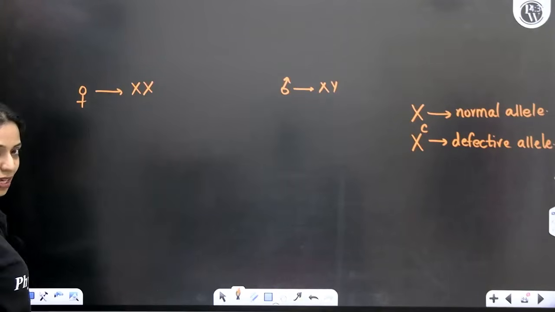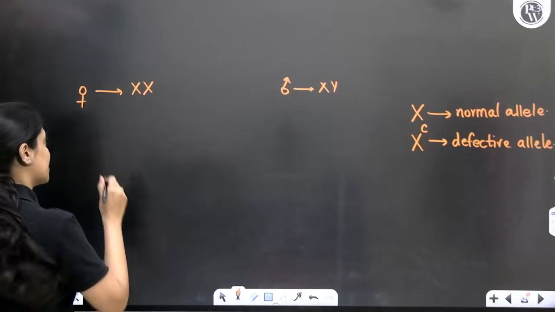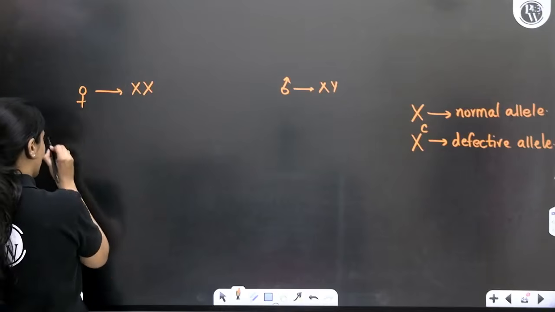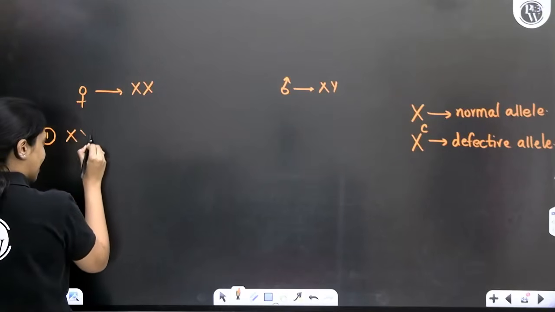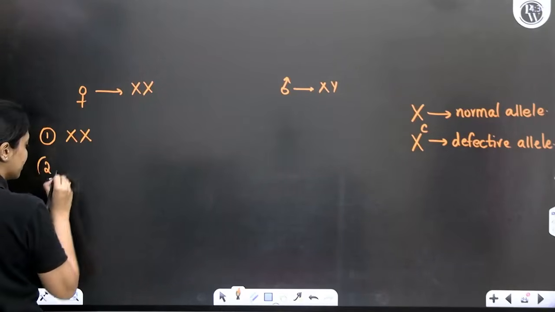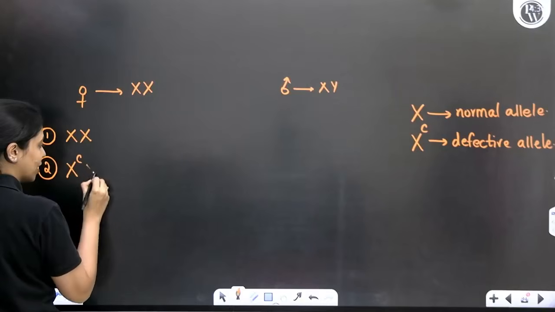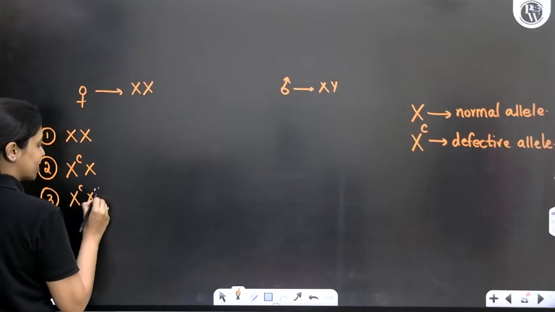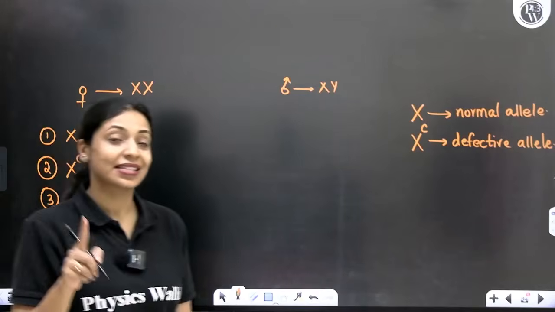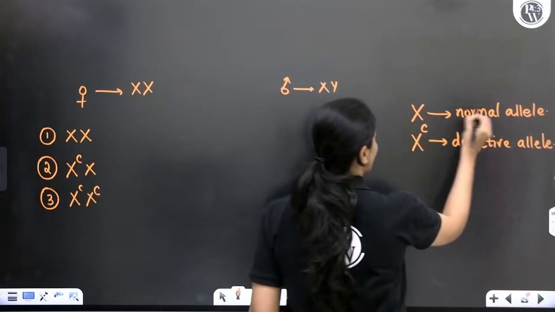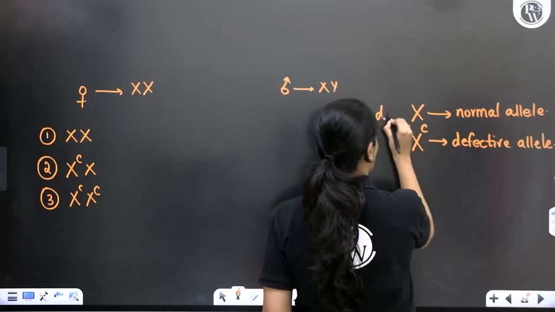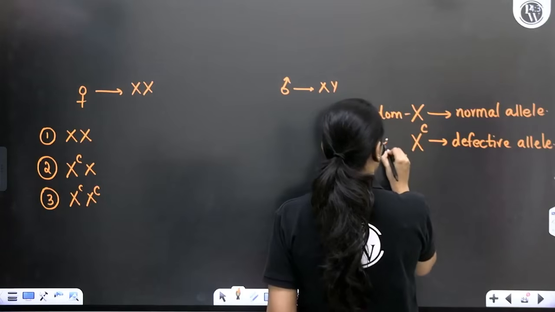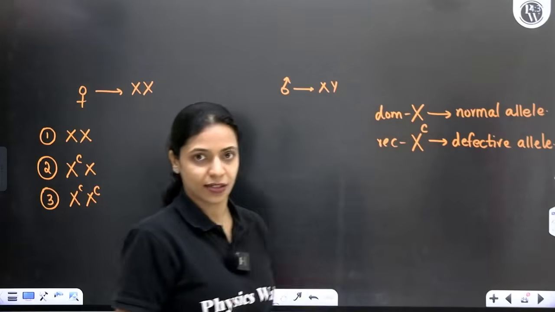Now in females, there are 3 possibilities. Either the female is XX, or the female has 1 normal allele and 1 defective allele, or the female has both defective alleles. I told you that this is an X-linked recessive disorder. The normal allele here is dominant. The defective allele here is recessive.